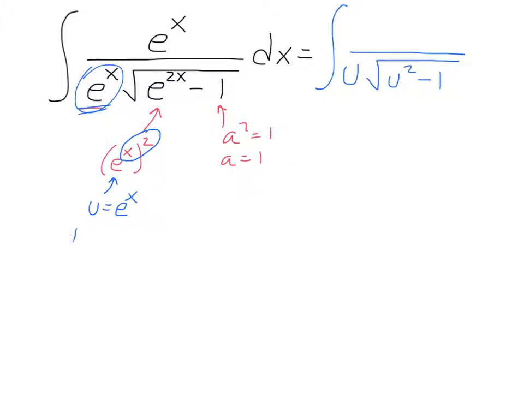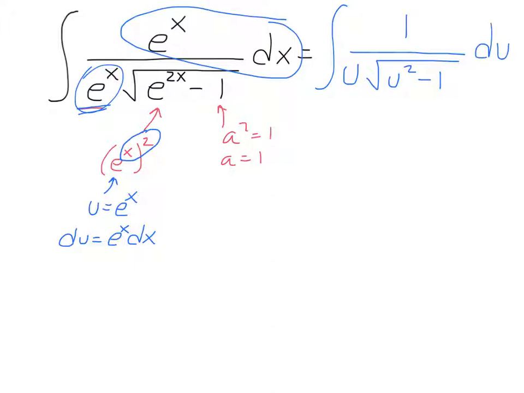Well, if u is e to the x, the derivative of u is e to the x dx, which is exactly what I have left to replace. So that whole thing there can be replaced with 1 du. And if we look, this is exactly our rule for arcsecant. So arcsecant said it's going to be 1 over a, so that's just 1. And I just put it there to emphasize that it also has that 1 over a for its rule, just like arctangent.